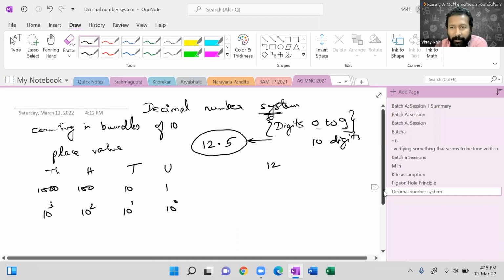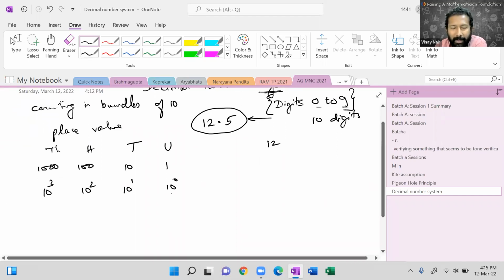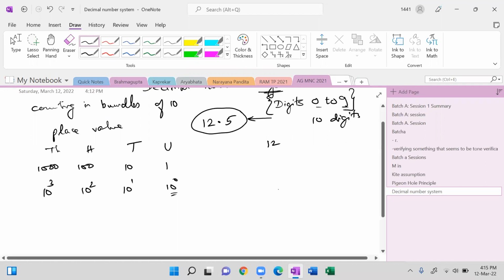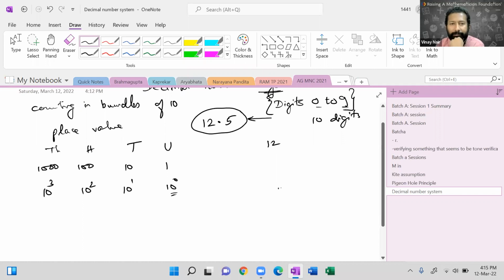Right, now why is this 10 power? Why not some other number power? Why is this 10? Yes, Anushka. We can't hear you in case you are saying something. Yes, sir. Sorry. Like I said, our ancestors used to count on 10 fingers. So that's where it came from.